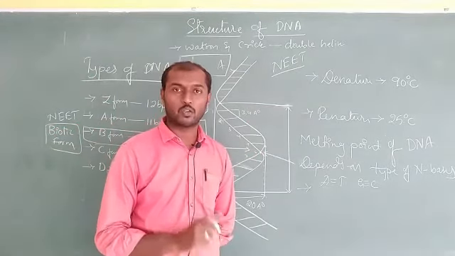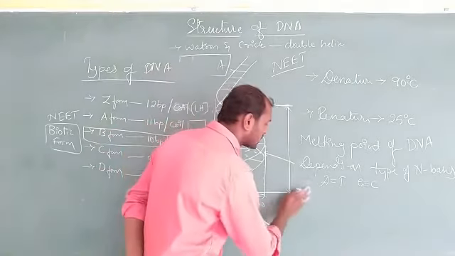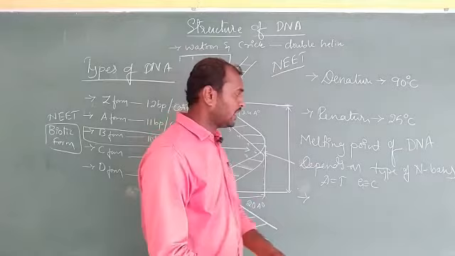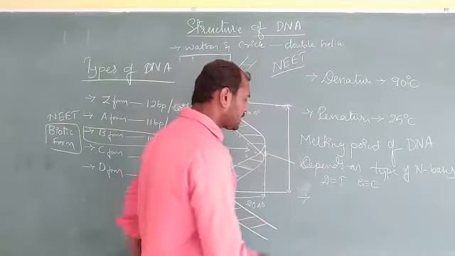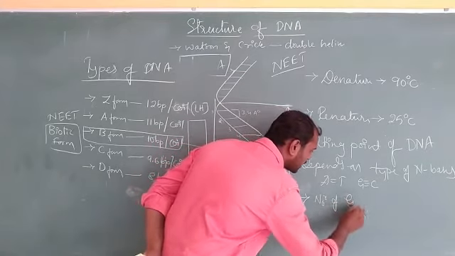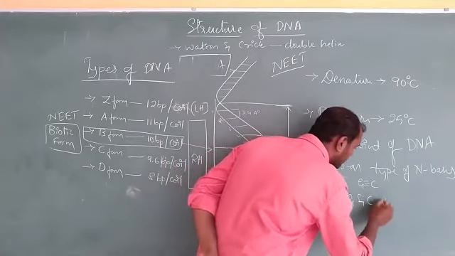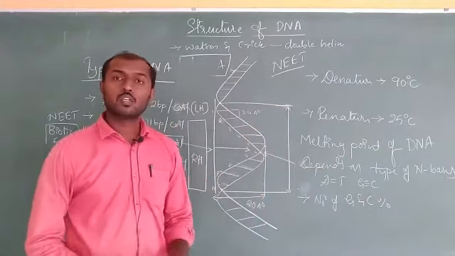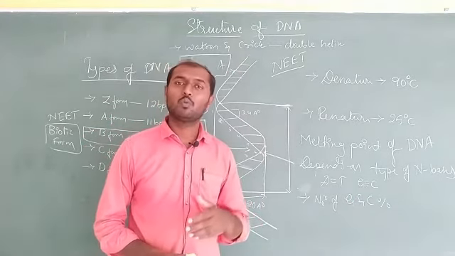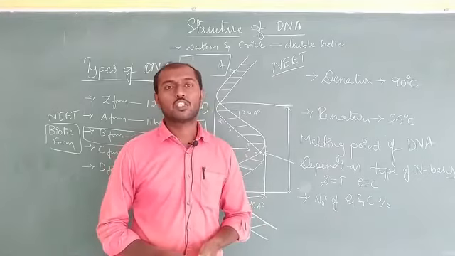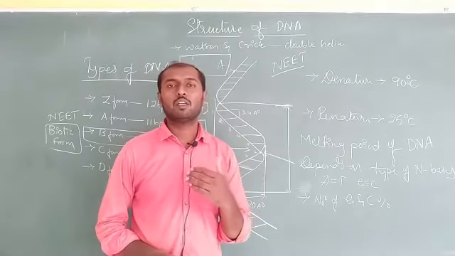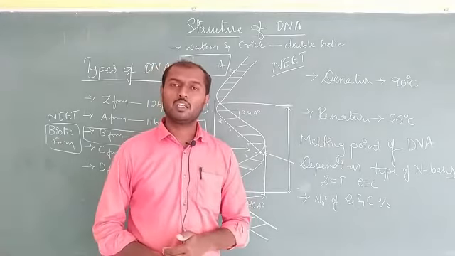The property which makes DNA more stable is the G and C percentage. If a DNA has a higher percentage of G and C, then its melting point will be high. If it has less G and C, then the melting point will be less.